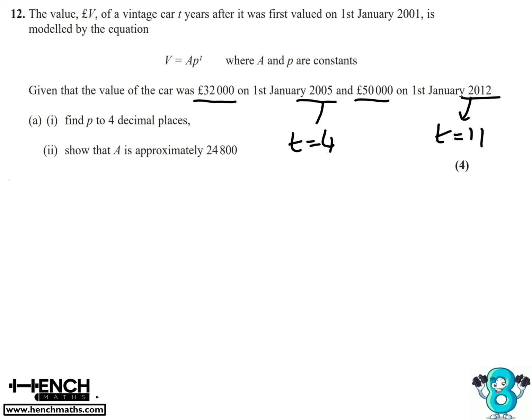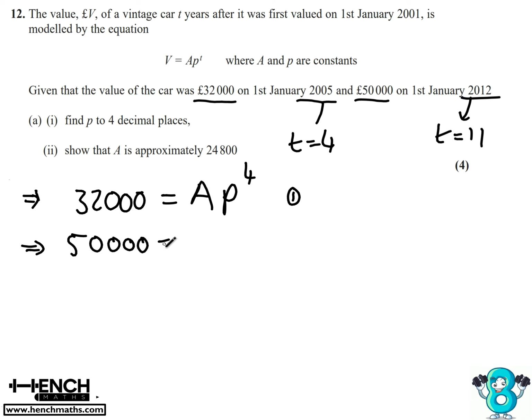If we put V as 32,000 in, we get 32,000 equal to A P to the power of 4. That would be one equation. And if we sub in 50,000, that would be equal to A P to the power of 11. And that would be our second equation.